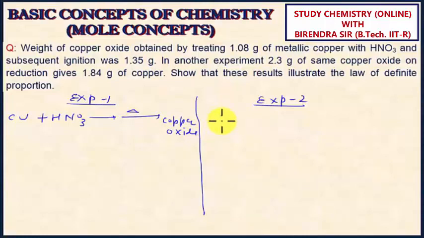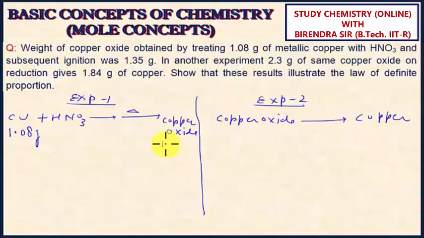Now in another experiment, copper oxide gives copper. In the first case, copper used is 1.08 gram and the copper oxide obtained is 1.35 gram. So whatever copper used is actually converted into copper oxide.